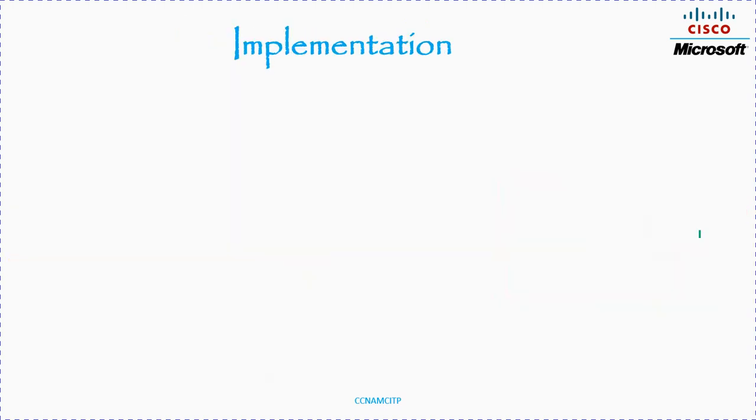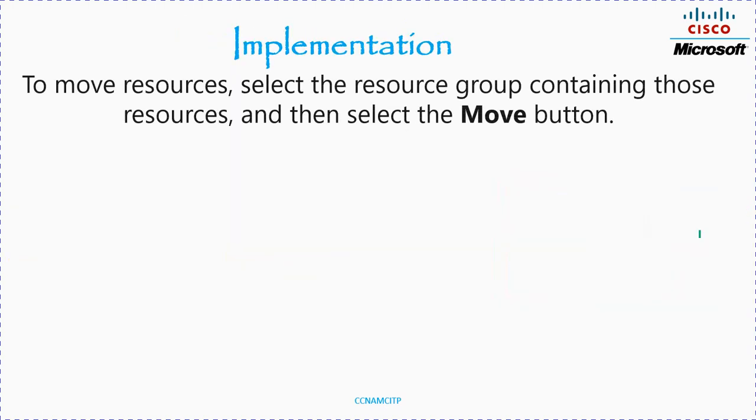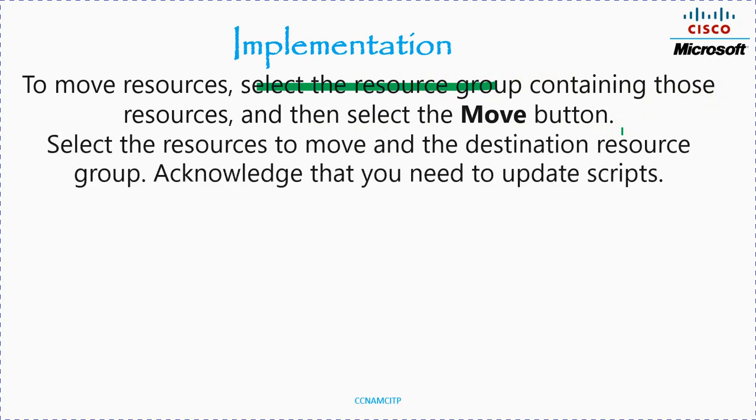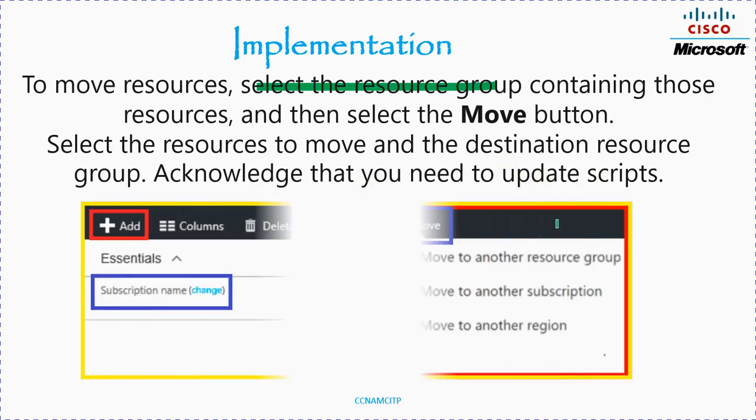And now let's talk about implementation. To move resources, select the resource group containing those resources, and then select the move button. Select the resources to move and the destination resource group. So you have to select source and destination.